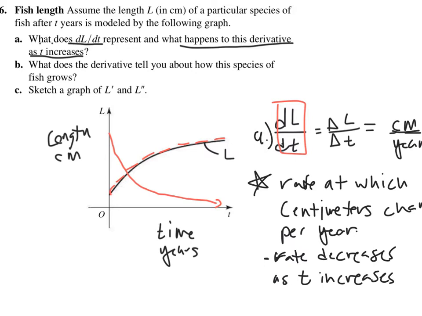Let's take a look at part B. Part B says, what does the derivative tell you about how the species of fish grows?